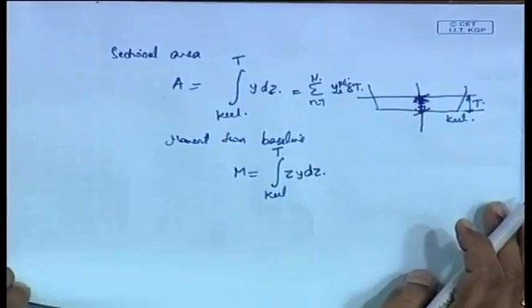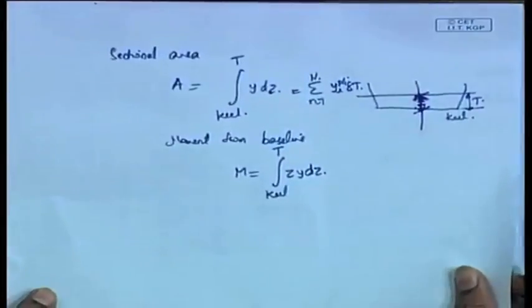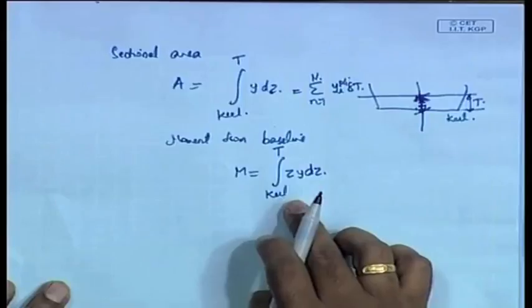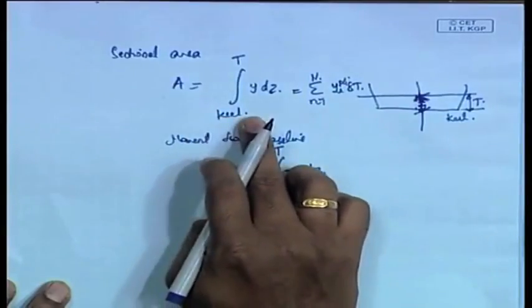For instance, let us look at one problem. We make what is known as a Buoyancy sheet. This is how it looks like, Buoyancy sheet. Now, before we do this, we can see that there is another parameter that we can derive from this. This is the moment from the baseline, and this is the sectional area.